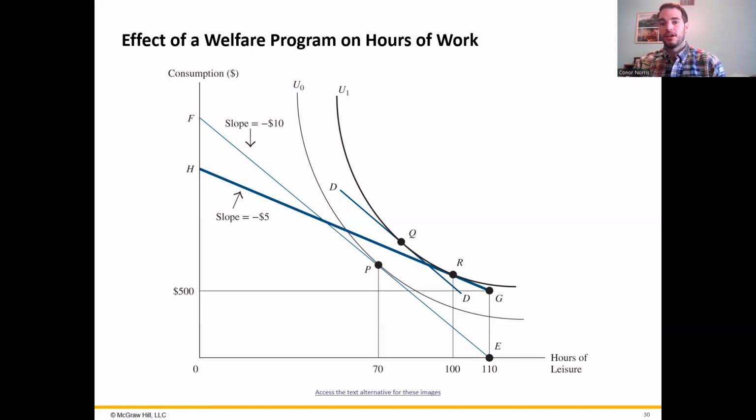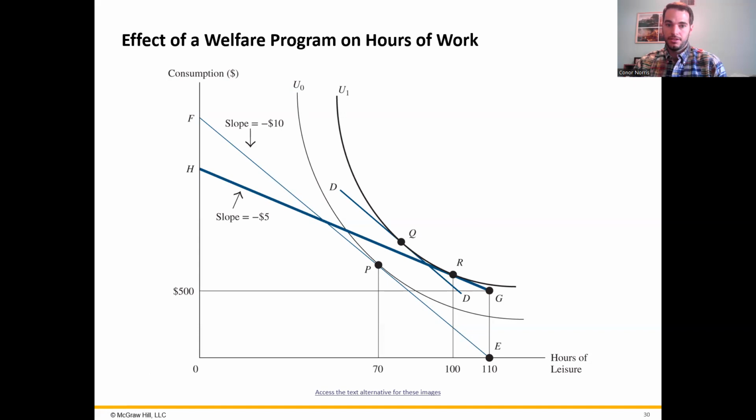But as they earn more money, their welfare receipts go down. So this removes that strong incentive to avoid work that we saw in the previous example, and it allows people to enter the labor force and to work, gaining skills and experience so that hopefully they can no longer need any assistance.